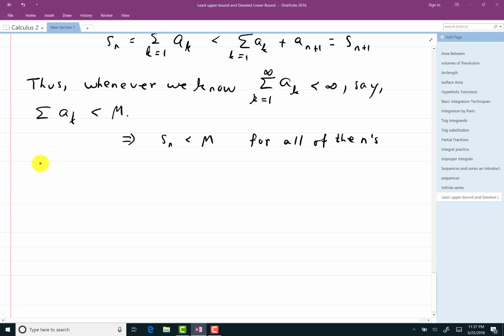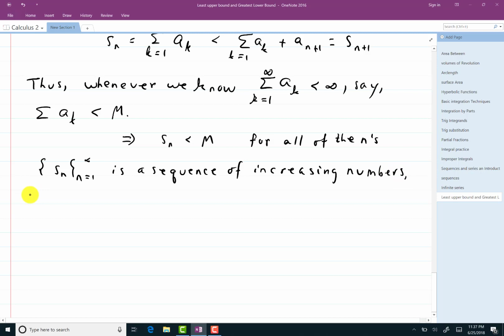So let's write that out. S sub n is a sequence of increasing numbers, so it is bounded above. A sequence of increasing numbers which is bounded above.